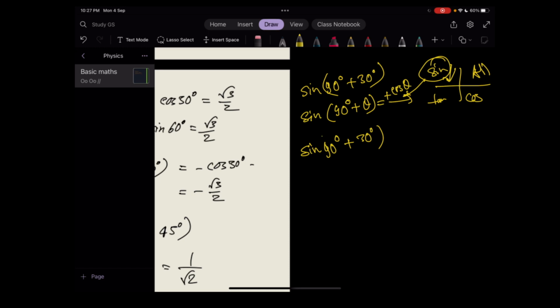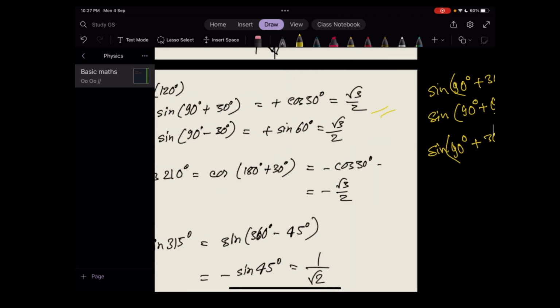So it must be equal to plus cos 30 degree. We know cos 30 degree is root 3 by 2. So we have the answer here.